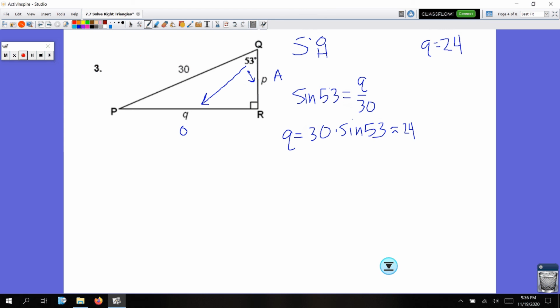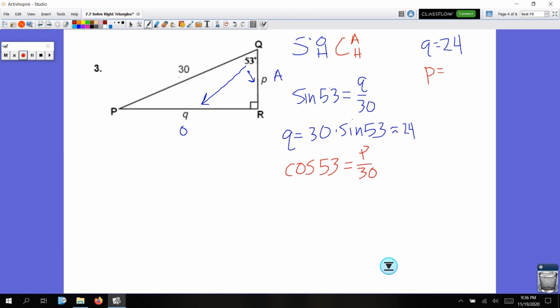Now let's find P. P is adjacent. I have hypotenuse. Adjacent over hypotenuse is cosine. So let's set it up. Cosine of 53 degrees is equal to the ratio of adjacent, which is P, over hypotenuse, 30. Again, I'm going to do the same thing, right?